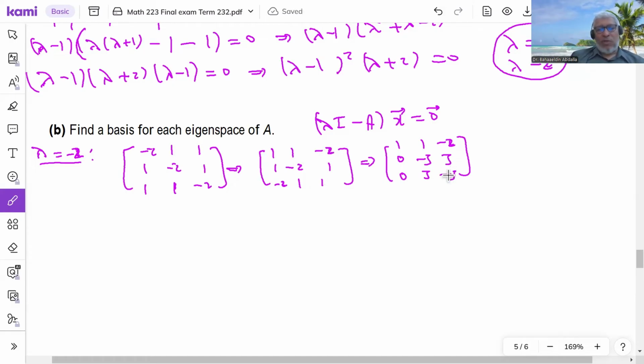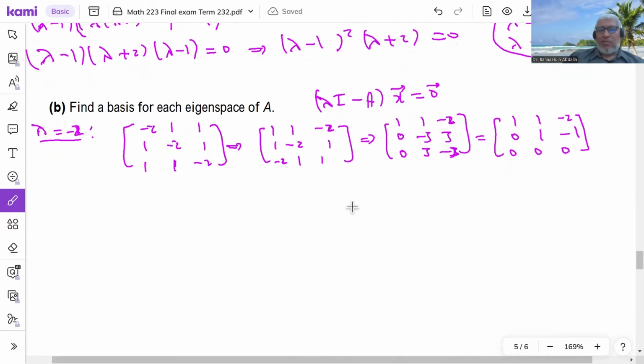Negative 4 plus 1 is negative 3. You notice that if I add row 1, row 2 and row 3, I'll get zeros in row 3. And I can divide row 2 by negative 1. So I'll have 1 and negative 1 here. And I can stop here.